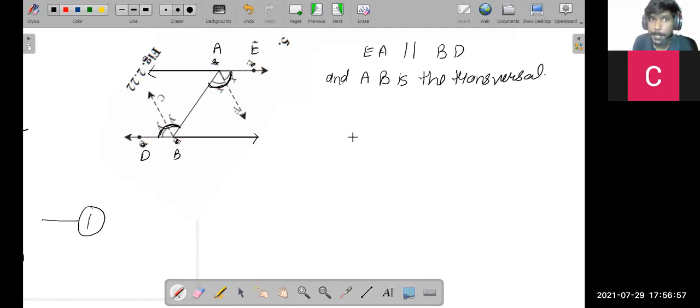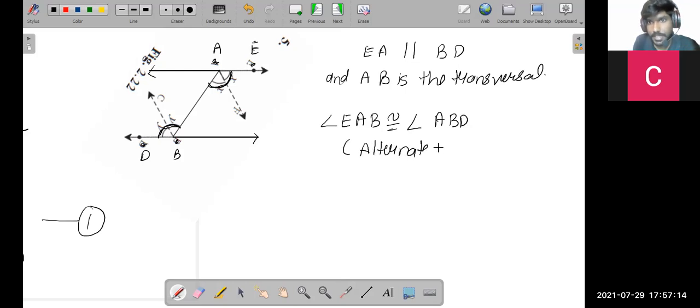Why? Because they are alternate interior angles. Angle EAB is congruent to angle ABD. This reason we'll write: alternate interior angle.